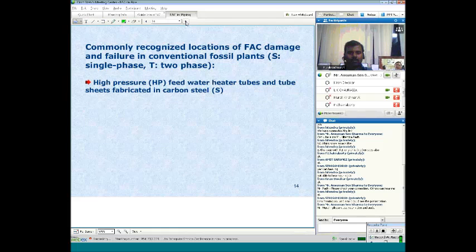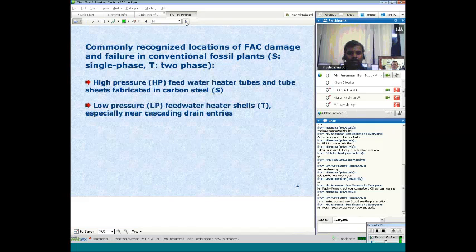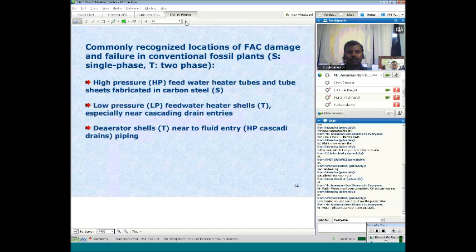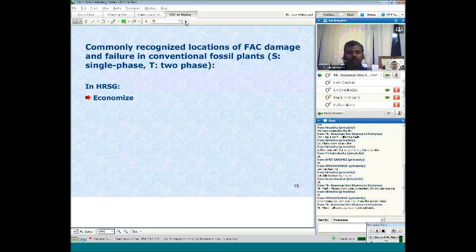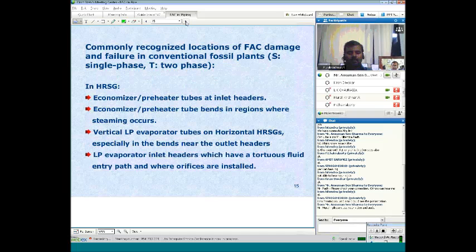In high pressure feed water heater tubes and tube sheets, you have seen one case where the heater shell was damaged because of FAC in carbon steel. In the low pressure feed water heater shells, especially near drain entries, then deaerator shells sometimes, particularly near the fluid entry point. In HRSGs, it is quite often seen in the LP section of the economizers, preheaters, and evaporators.